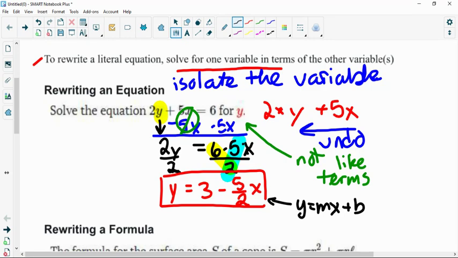Let's move on to rewriting some formulas. Rewriting the formulas helps lead into our later units, where we're going to be working with formulas for different shapes. This will allow us to start to introduce some of that while strengthening our equation solving skills.